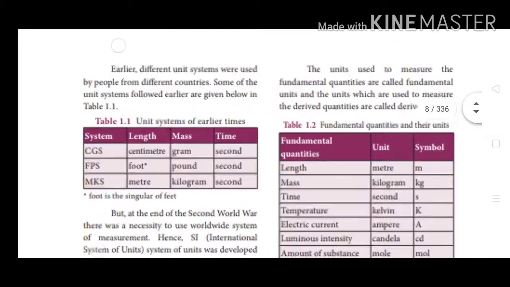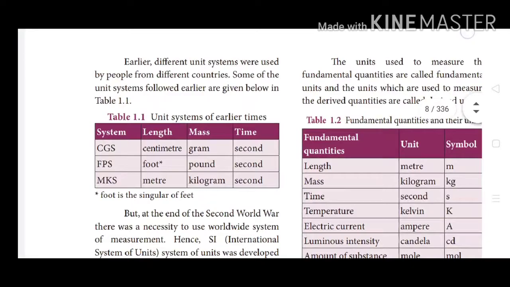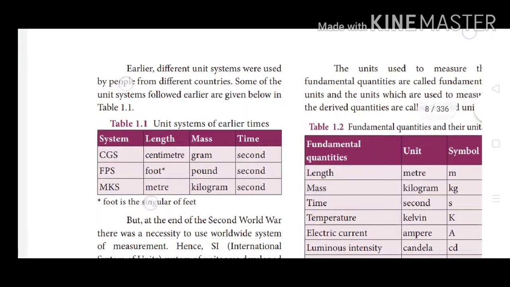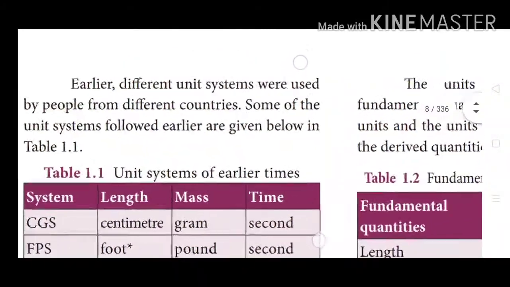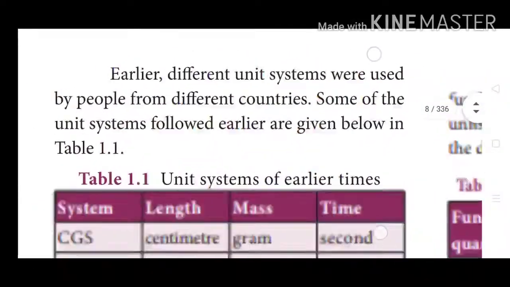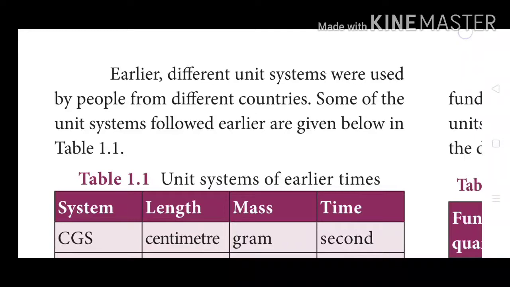That means earlier, different systems were used in different countries. Some of the unit systems followed earlier are given in table 1.1. The table has three older units.